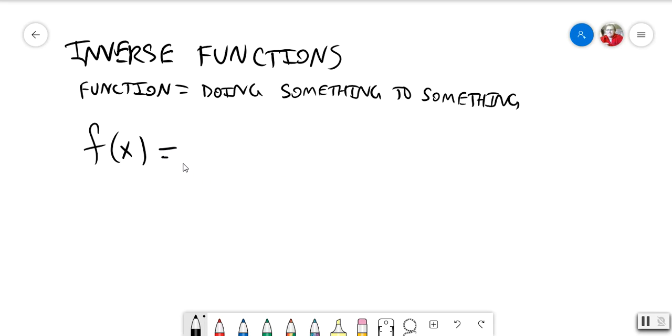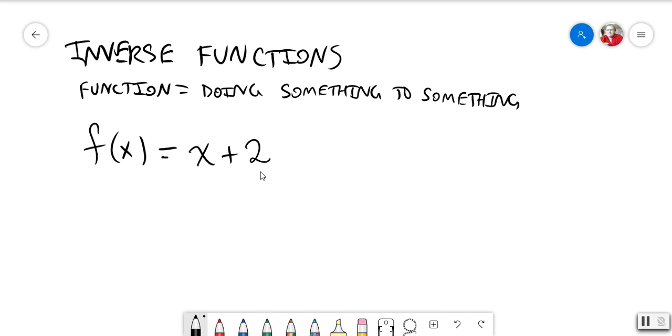But to use an example, I'll take just about the simplest example of a function I could have: f(x) equals x plus 2. What does that mean? It means you have something, x, and you do something to it. You add 2 to it. So if x was 5, 5 plus 2 is 7. If x was 8, 8 plus 2 is 10, and so forth.